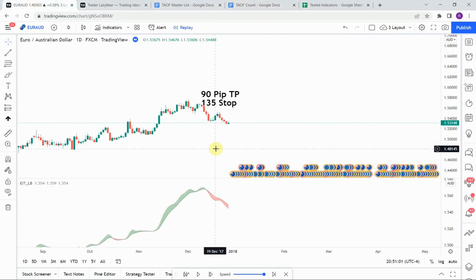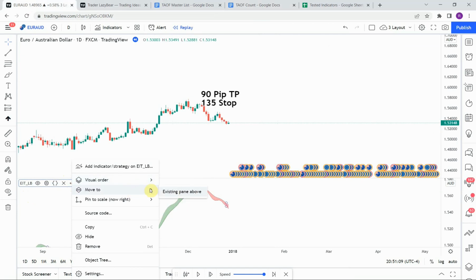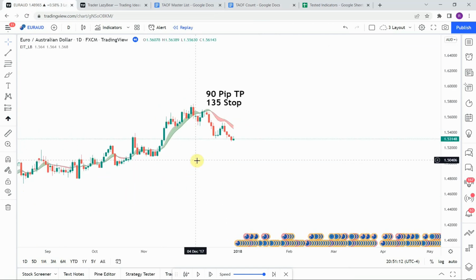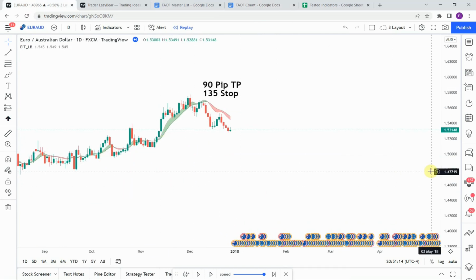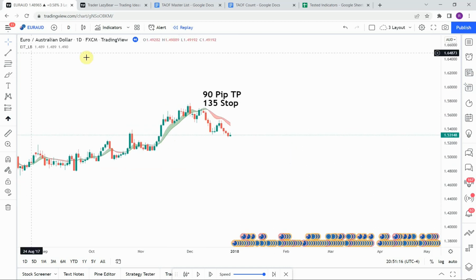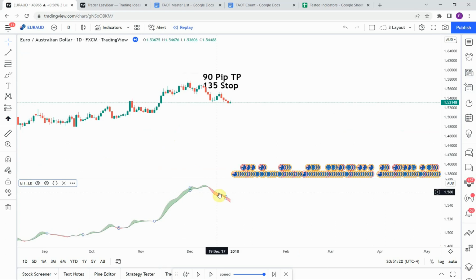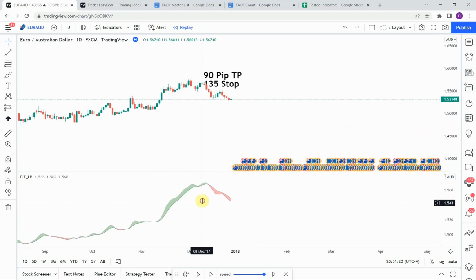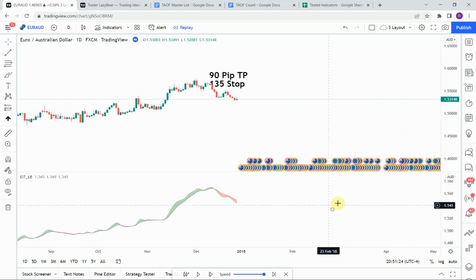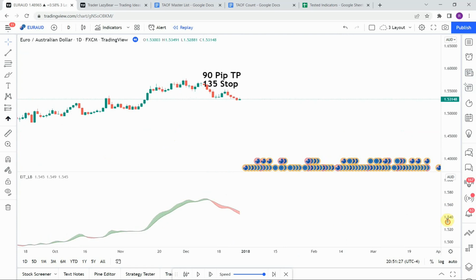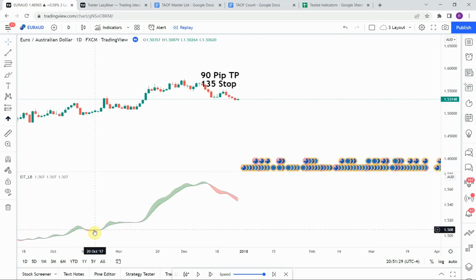Okay, so today's indicator is Ehlers Instantaneous Trend Indicator, and you can see it here on the bottom of the screen. Now I actually did move this down here below. It did live up here in the price action. What I did was click on the three dots there, and I moved it to a new pane down below like this. It just makes it a little bit easier to see what's going on with this indicator. And the indicator itself is pretty easy.